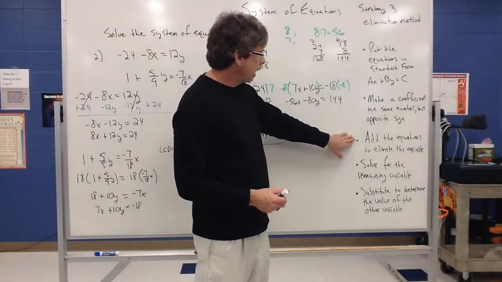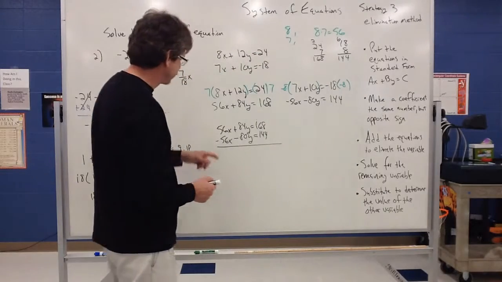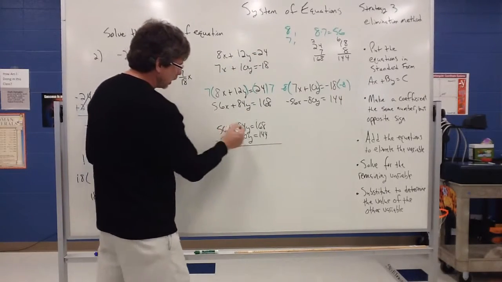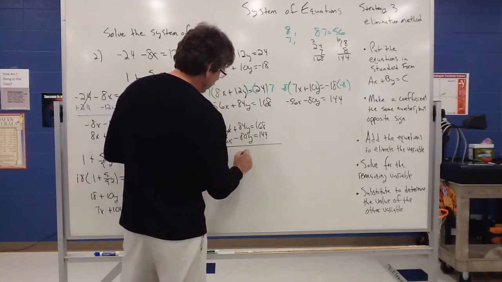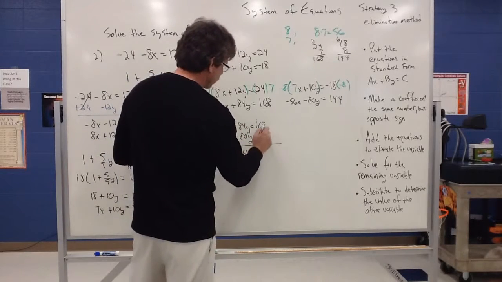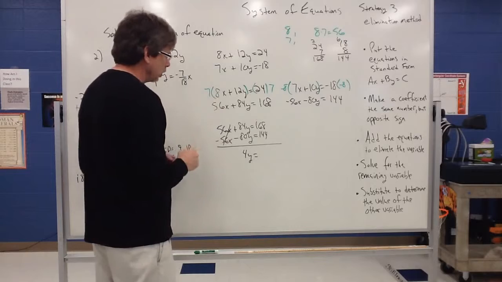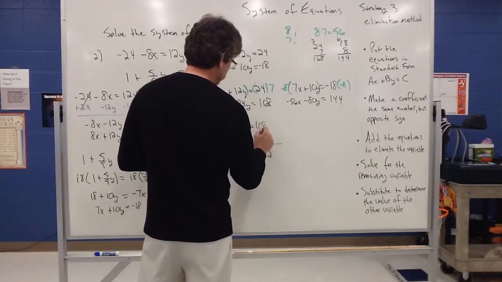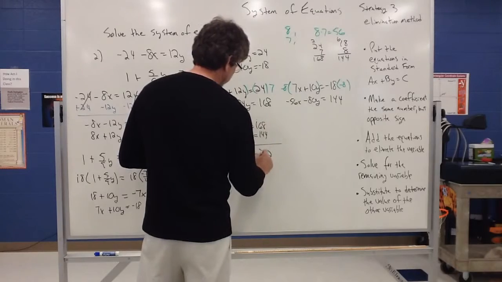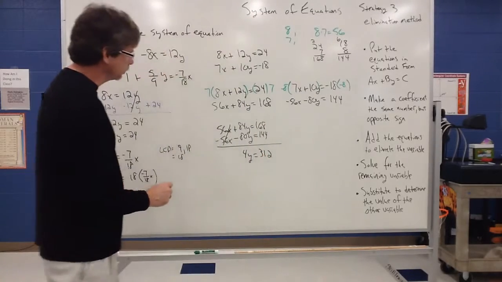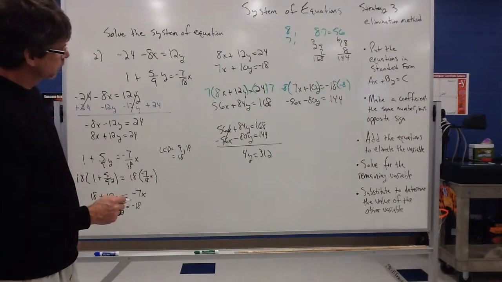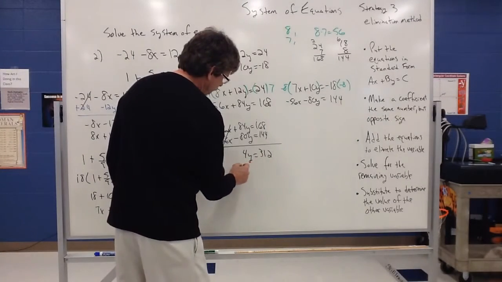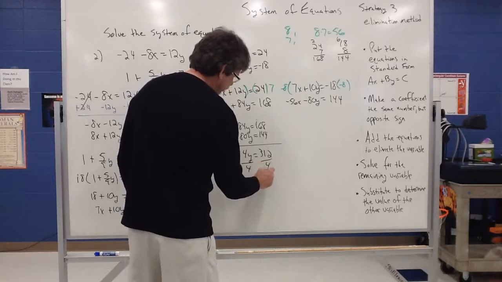My next move is to add the equations together to eliminate a variable. As we can see, these x's are going to eliminate. 84 and a negative 80 gives me a 4y. 168 and 144, it's like what? 12, 11, 312? I'm seeing a 312.